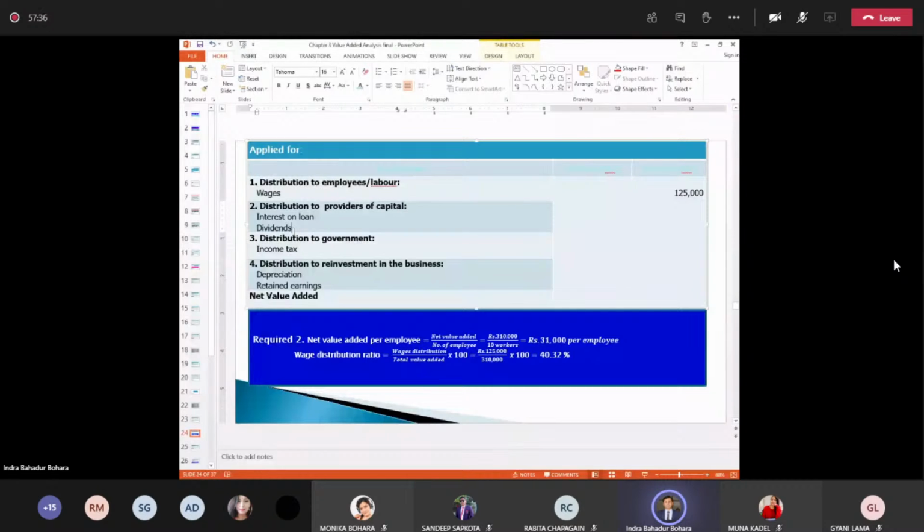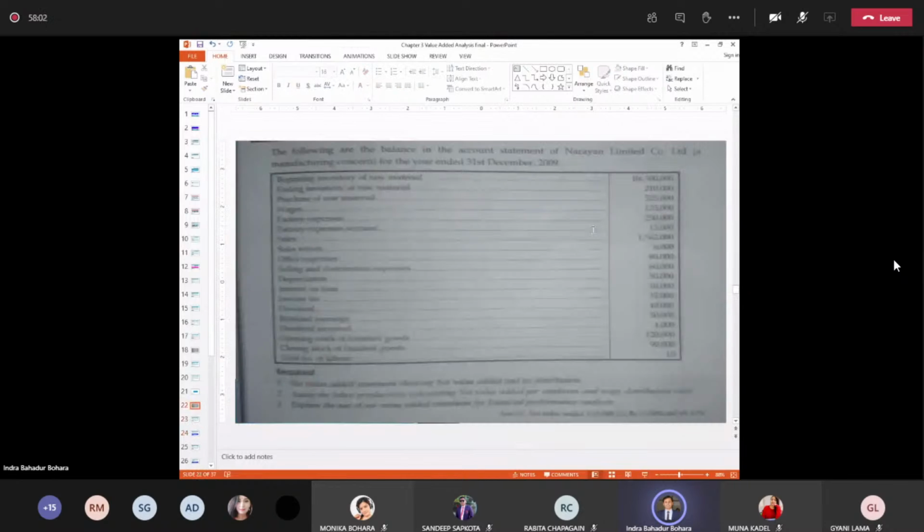So you are given dividend only. This is dividend payment. And previously we talked about the dividend receipt. That was the income included in the subtractive method. So interest, you write down interest on loan. Interest on loan is given as 10,000 rupees.